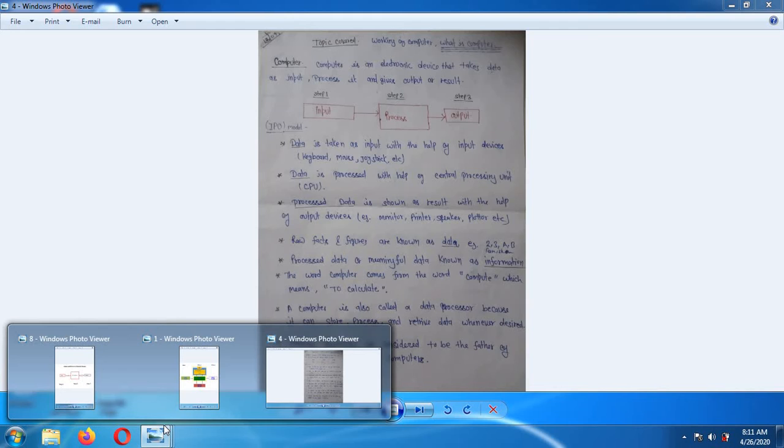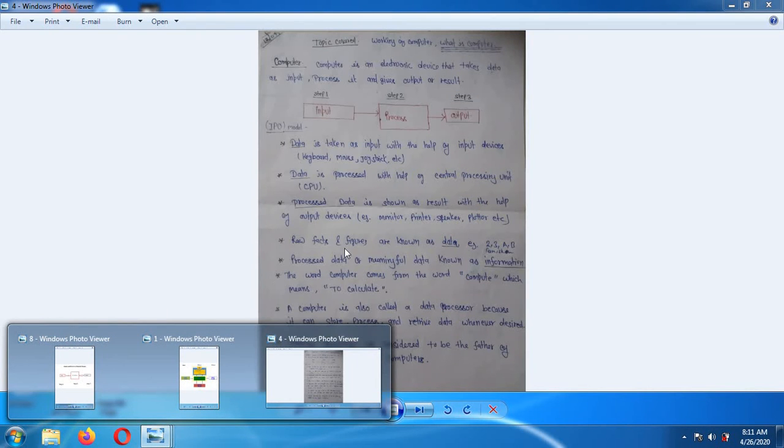The same way a computer also works. It takes the input inside itself, applies the process, and gives that data after processing to you as a result.